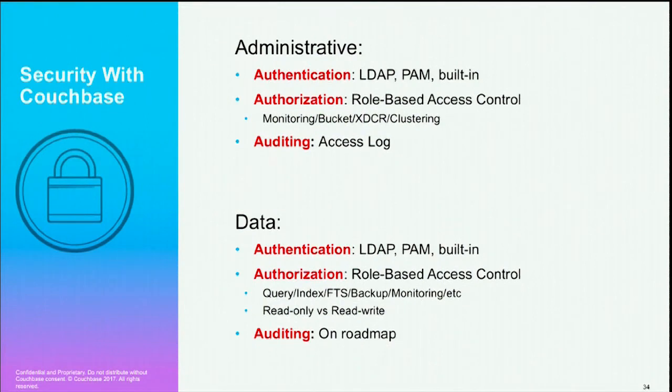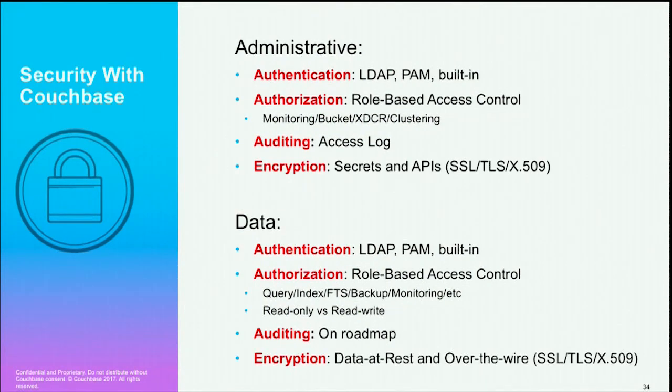Auditing is an important part of security. At the administrative layer, we already have an access log that allows you to audit who did what at every layer. At the application and data layer, we're working on rolling that out as well as an upcoming feature. And then finally, encryption. From an application perspective, this is about securing the APIs, providing SSL or TLS encryption to your administrative access to it, as well as securing all of the passwords, secrets, and tokens on disk.